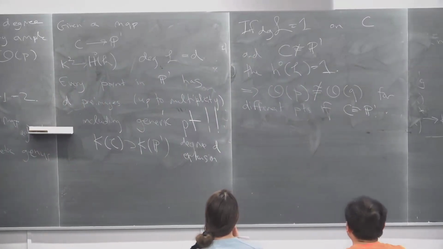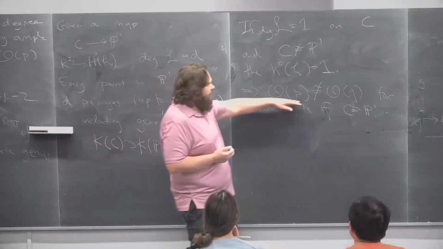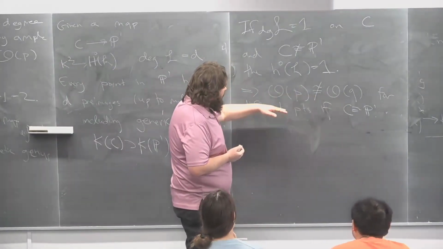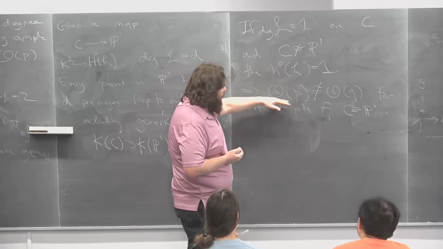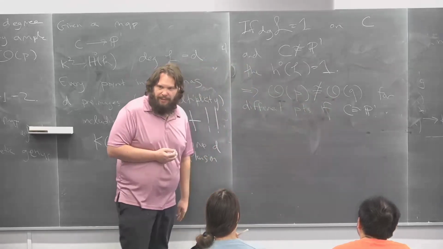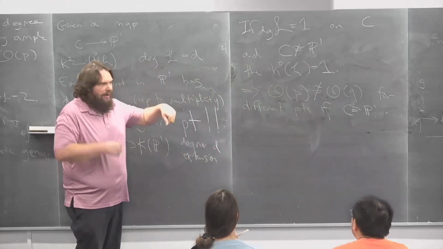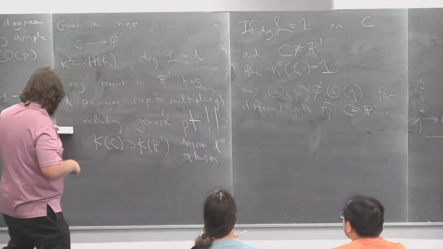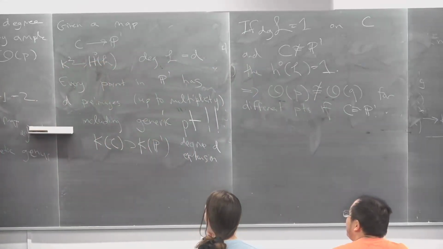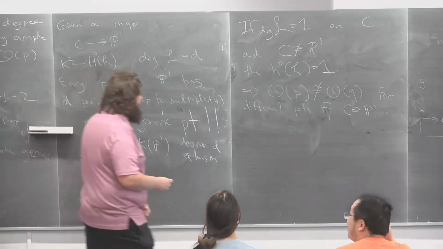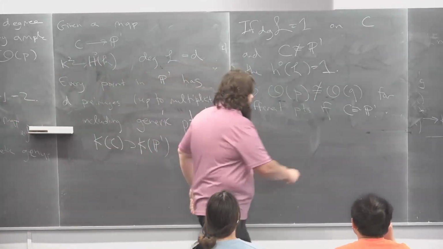The point is, if they were isomorphic, then that isomorphism would give me a 2-dimensional space of sections of this common line bundle: one that vanished at P and one that vanished at Q. Then I could apply this argument to say my C was P1.